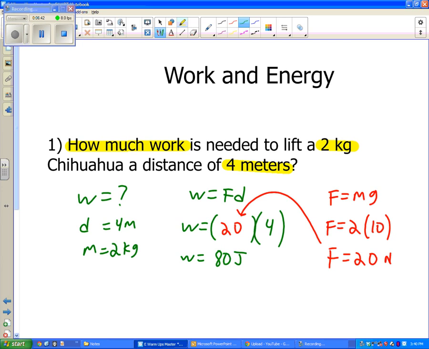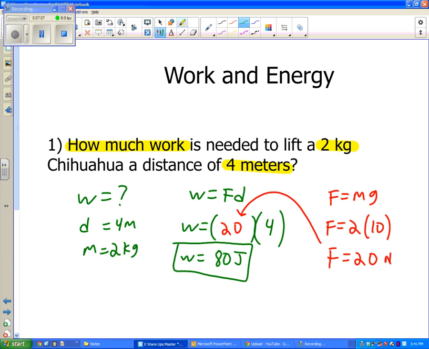So it takes 80 joules to lift this chihuahua to this height. That's how much work. If I'm physically picking it off the ground and lifting it 4 meters, it would take 80 joules of work. That's how hard I have to work to lift it up there. Okay, 80 joules.